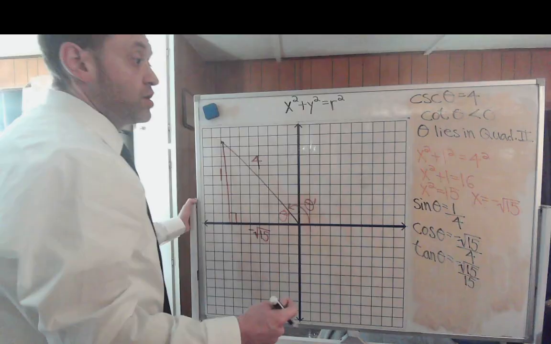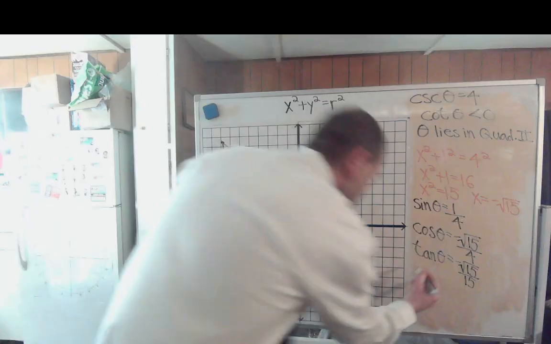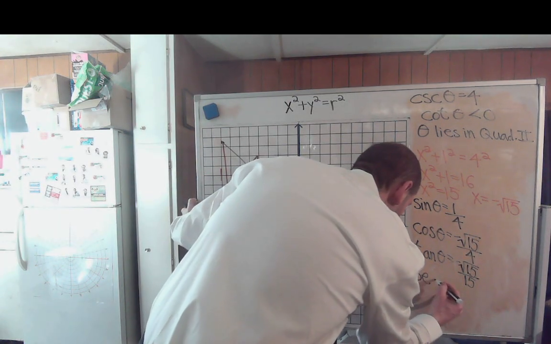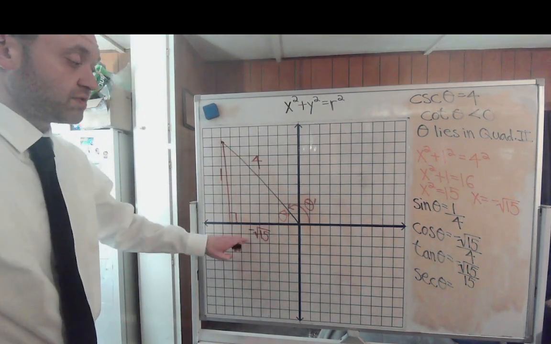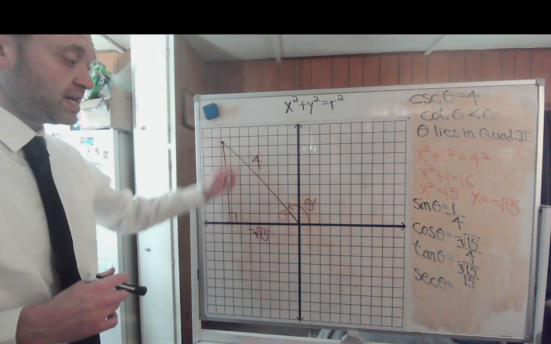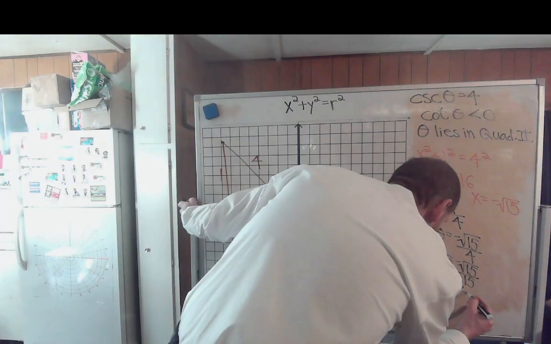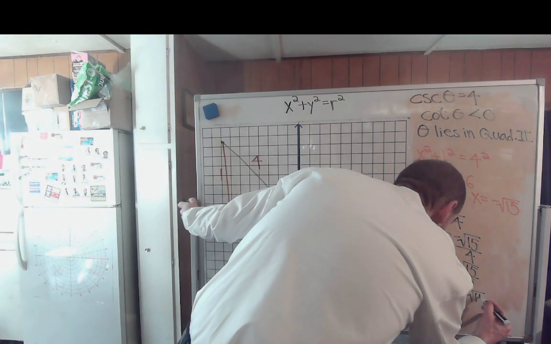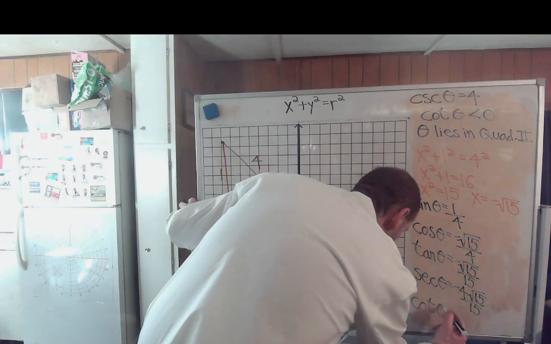All right, we know the sine, cosine, tangent. We even know the cosecant. So let's go right to the secant. The secant of theta, that is going to be the hypotenuse over the adjacent. So 4 over the negative square root of 15, that's going to give you negative 4 times the square root of 15 all over 15. And then last but not least, let's find the cotangent of theta.